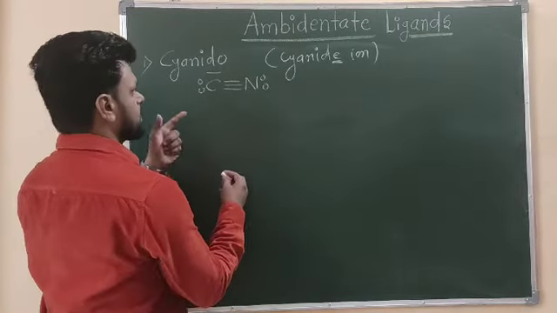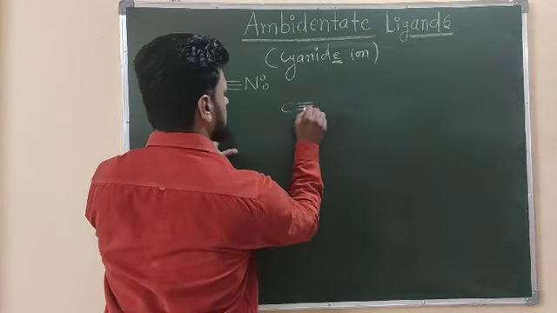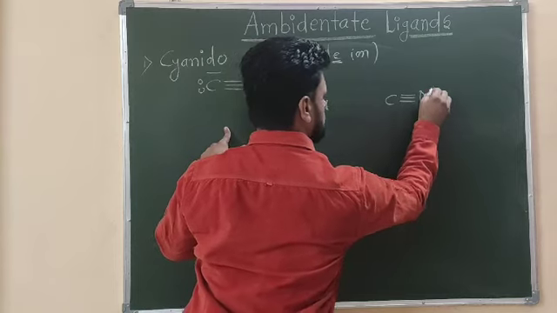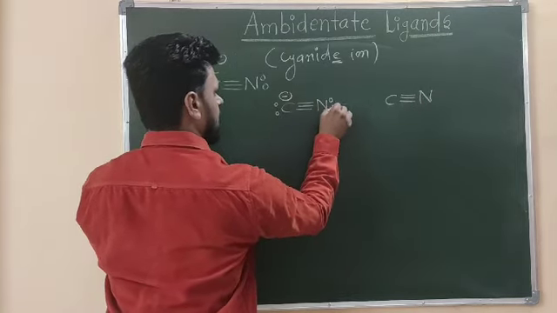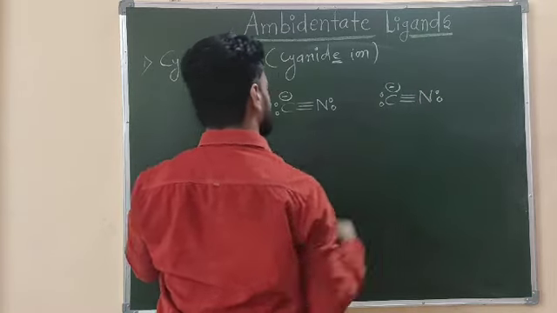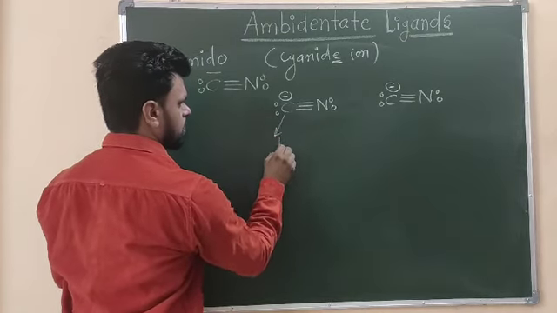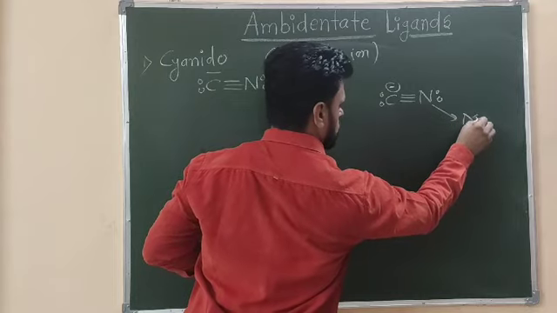This molecule has two sides. I'm writing the structure here. Cyanide has two potential donor sites, one via carbon and a second via nitrogen. So let's say it is forming a bond from carbon, and it is forming a bond via nitrogen.